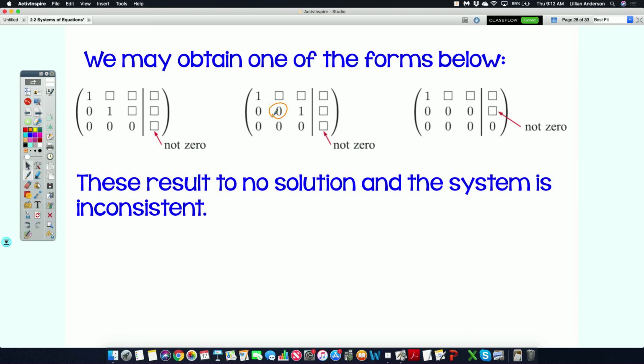Does it have to be the bottom row? It doesn't have to be if you have that second situation and then a non-zero there. But yeah, the bottom needs to be zeros, because that basically means that all your variables cancel out.